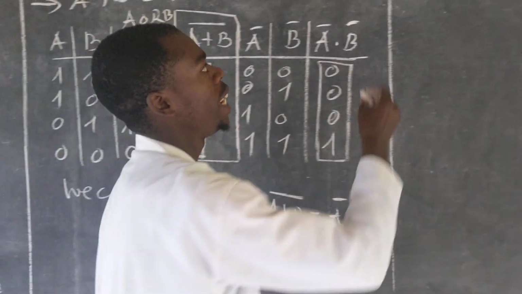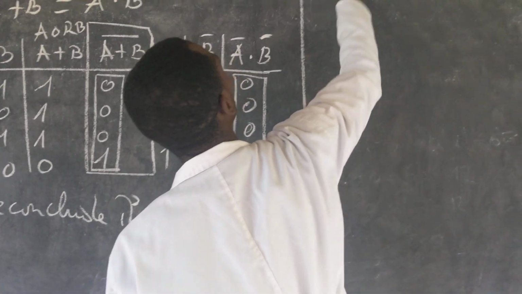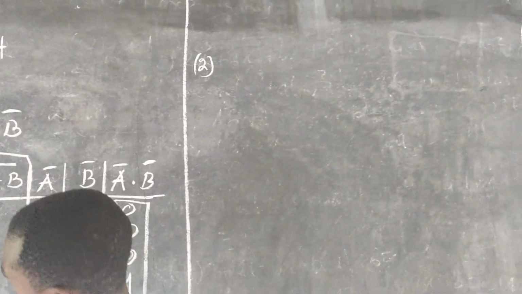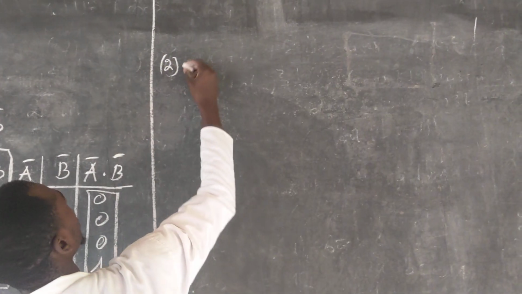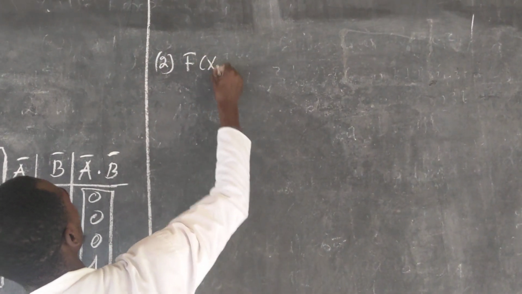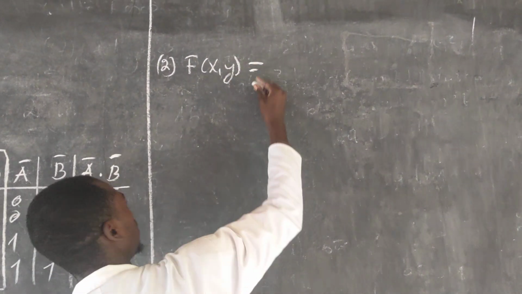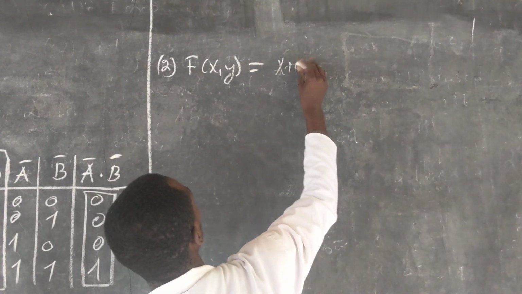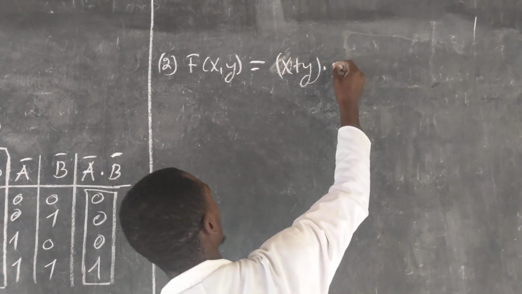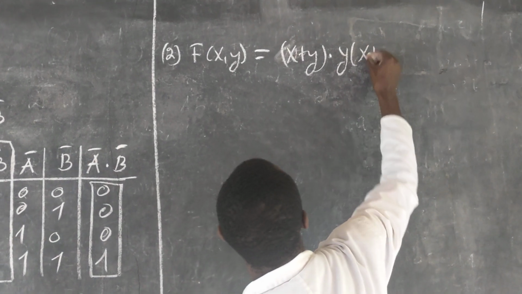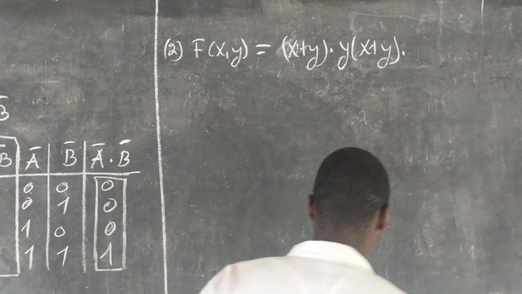So now, exercise number 2. By Boolean algebra simplification, we have to simplify f of x, y, which is equivalent to x plus y, dot y, x plus y.